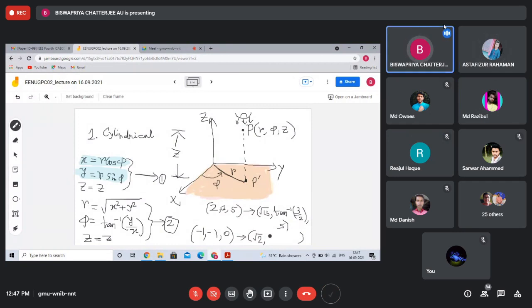Tan inverse 1 is how much? You please give me the value. Sir, R equals √2, phi equals pi by 4, z equals 0.